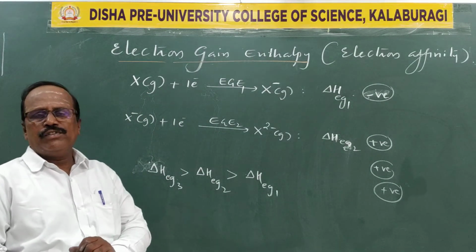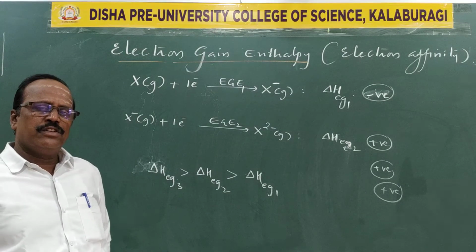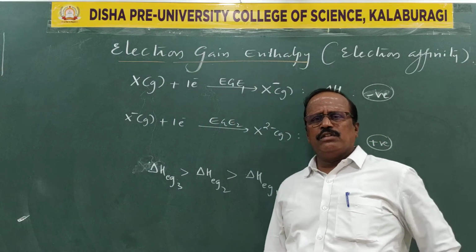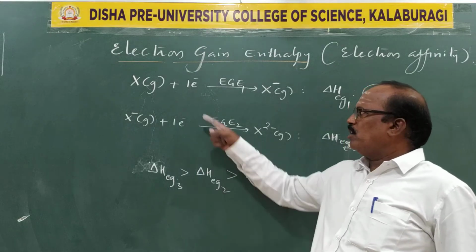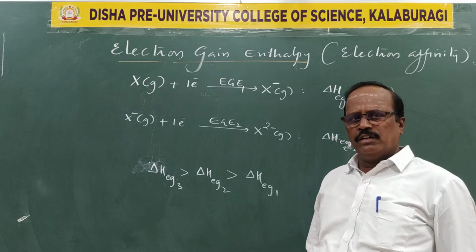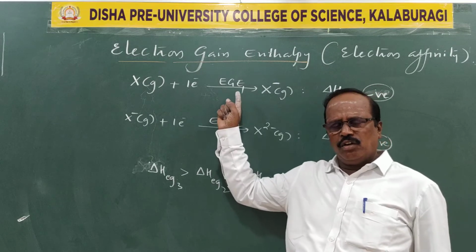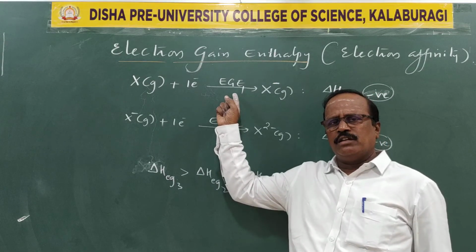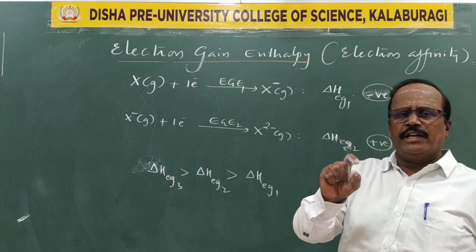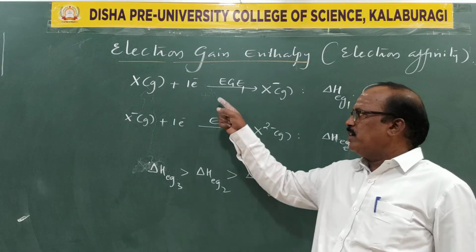Once again, electron gain enthalpy is defined as the amount of energy liberated when an electron is added to a gaseous neutral non-metal atom, which may be exothermic or endothermic in nature. Generally, whenever we add the first electron, it is exothermic, meaning energy is liberated because of the repulsion between the outer shell electrons and the incoming electron.